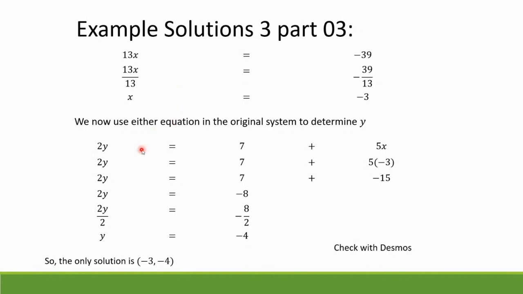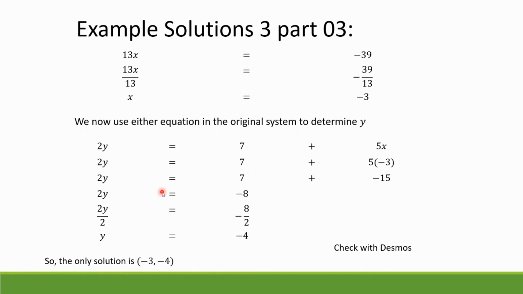And so 2y will be 7 plus 5x. And 2y then is 7 plus 5 times negative 3. I replace x with the negative 3, which is negative 15. So we get 2y equals 7 plus negative 15.